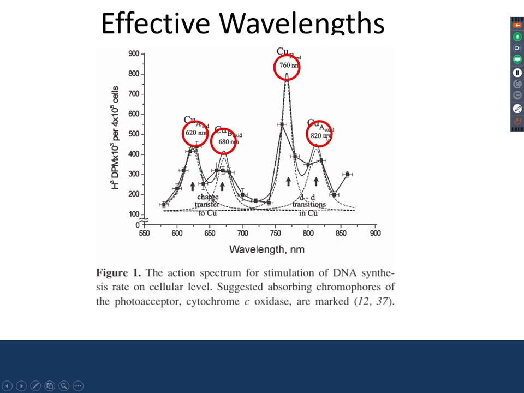So these wavelengths, plus or minus 10, 20 nanometers, will be more effective in stimulating cytochrome C oxidase. And that's why it's really important that you're not using a device that doesn't have the appropriate ranges of wavelengths that science and research has shown to be most effective.